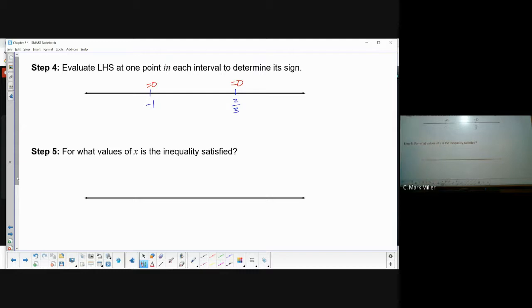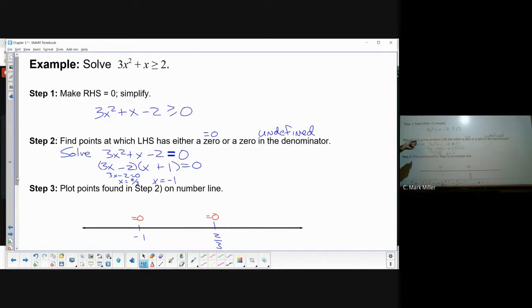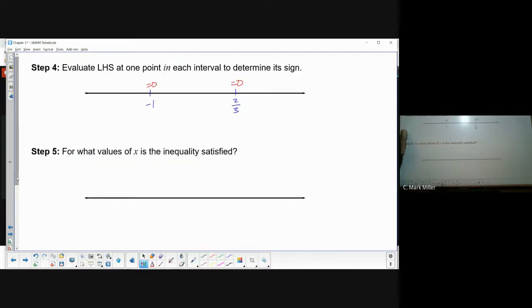What do you do here? 2 points divide the x-axis into 3 intervals. You pick a point from inside each interval to see if it results in a positive or a negative. So our expression here is 3x squared plus x minus 2. So we're going to pick a point in each interval.